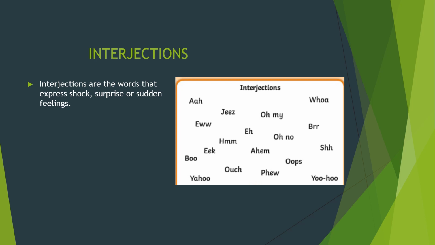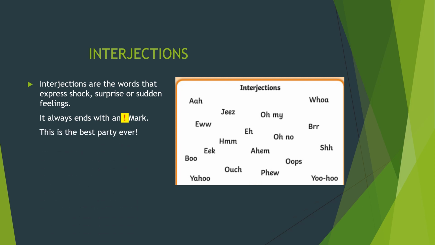These are the words that express shock, surprise, or sudden feelings, right? So it actually tells us about your feelings. It always ends with an exclamation mark. This is another indication of an interjection. You must have heard about exclamatory sentences. So similarly, interjections show sudden feelings with an exclamation mark.